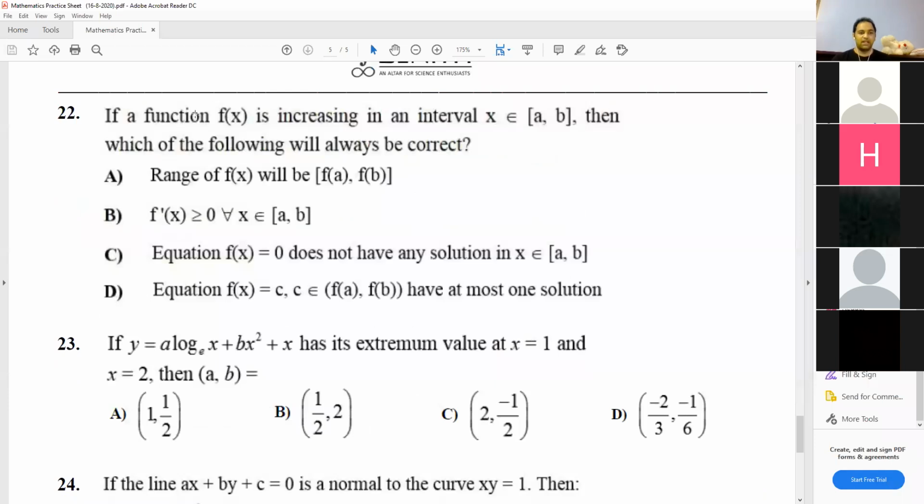Okay, if a function f(x) is increasing in an interval a to b, then which of the following is correct? बोलो.